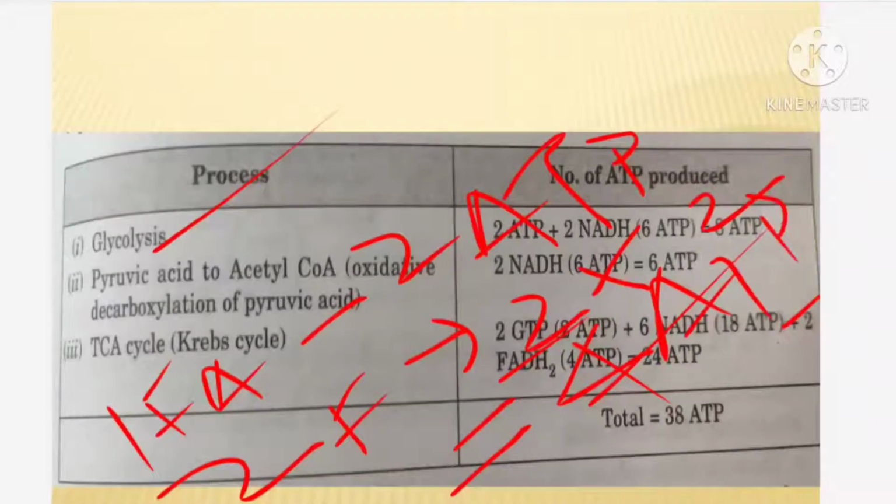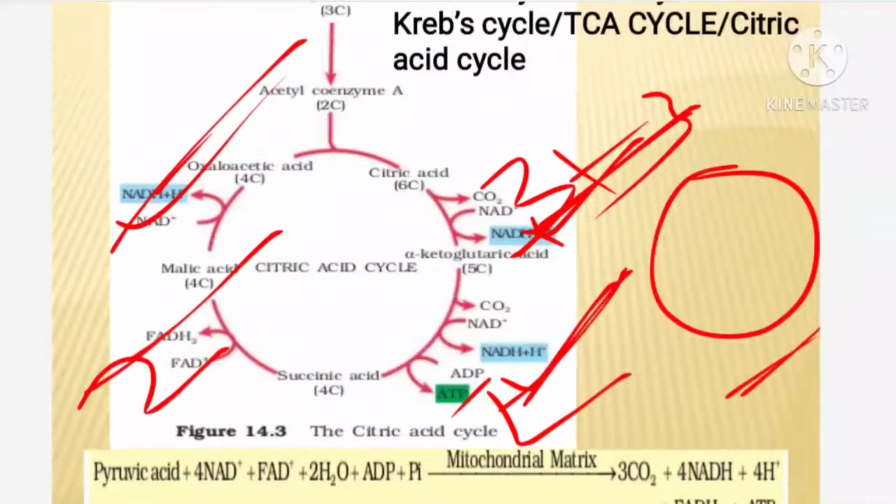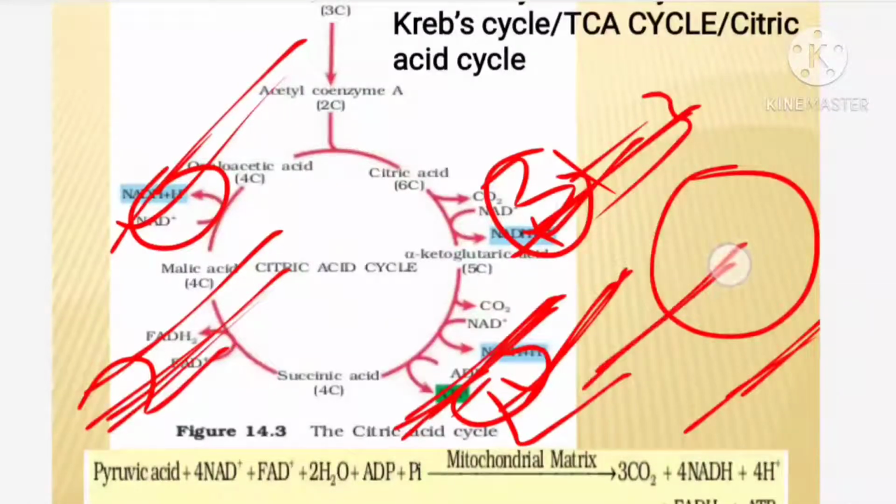Understood? So, in the Krebs cycle I am getting 2 ATP, 6 NADH2 and 2 FADH2. I have written it already. I am getting 6 NADH2: 1, 2, 3 from one pyruvic acid, and 3 more from the other, 3 plus 3, 6. 2 ATP or GTP, because here 1, and the other will also produce 1. 2 FADH2, here 1, and the other pyruvic acid will produce 1.